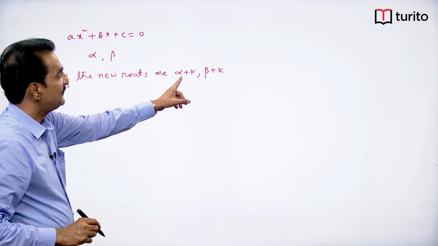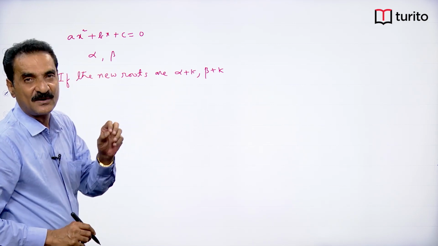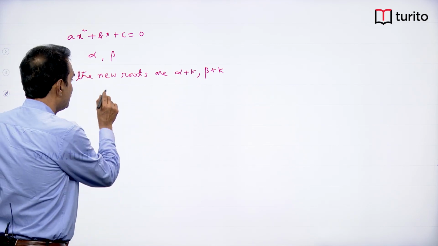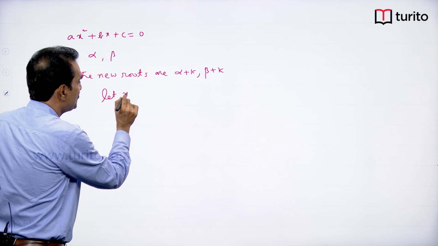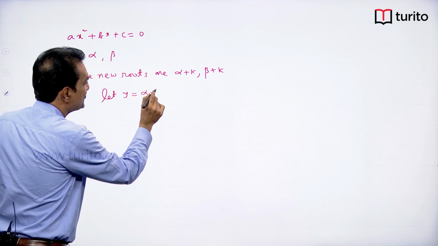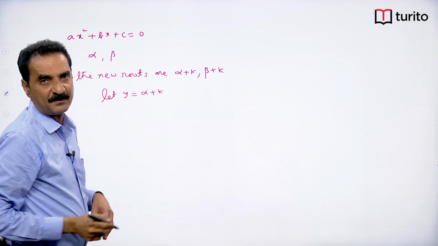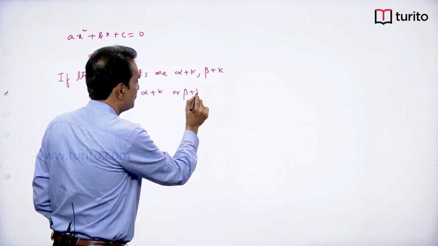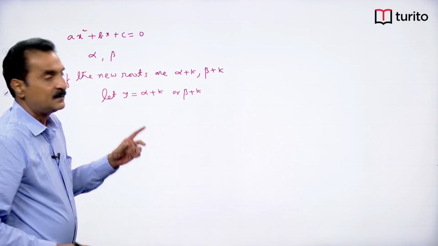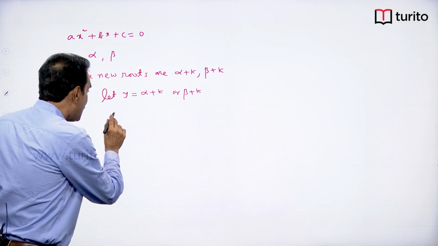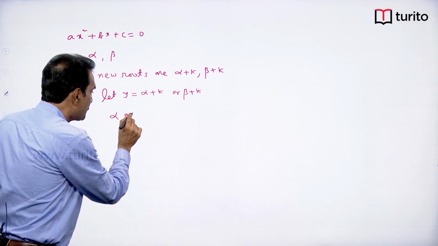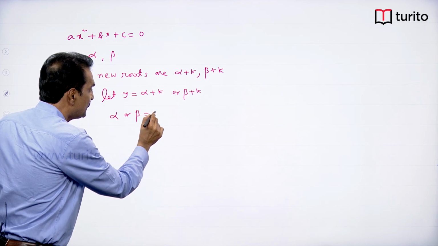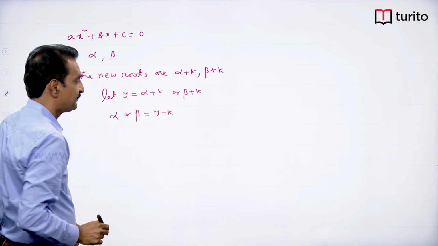Assume that any one of the new roots is some y. Let y be equal to alpha plus k, or you can take beta plus k. Then alpha or beta will be equal to y minus k.